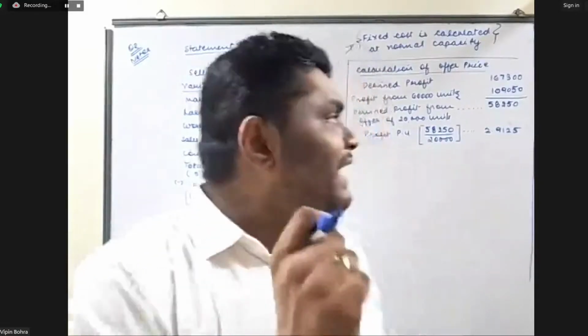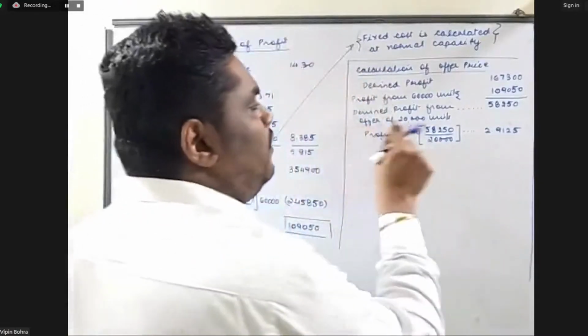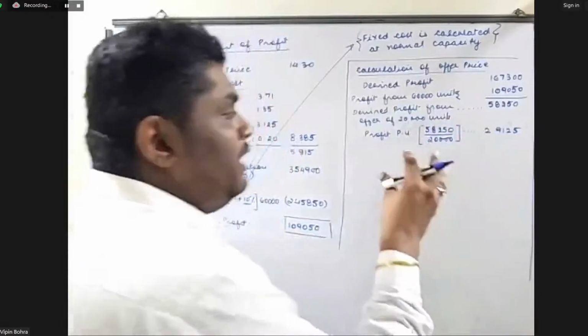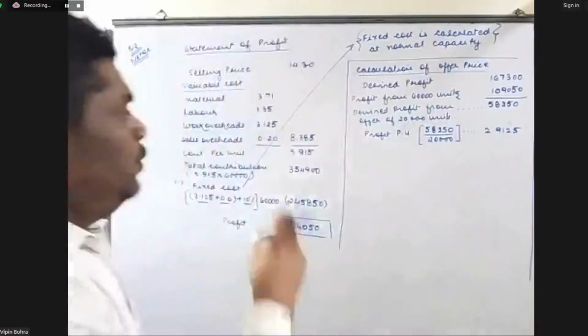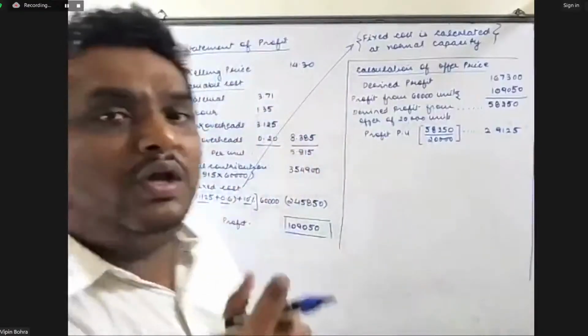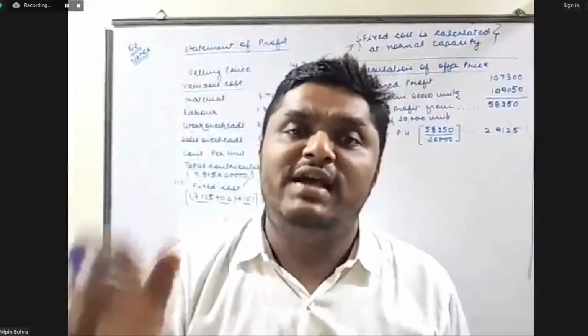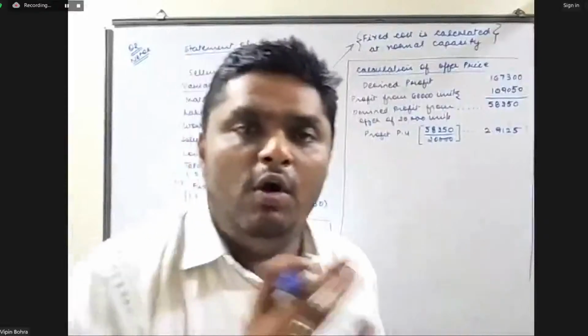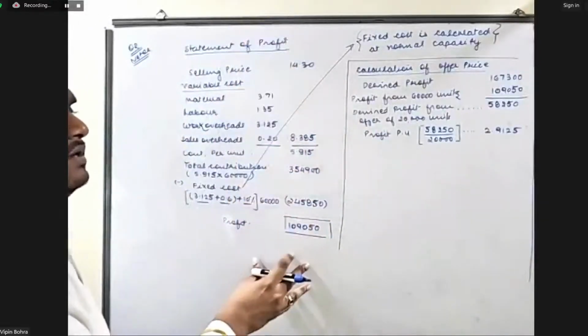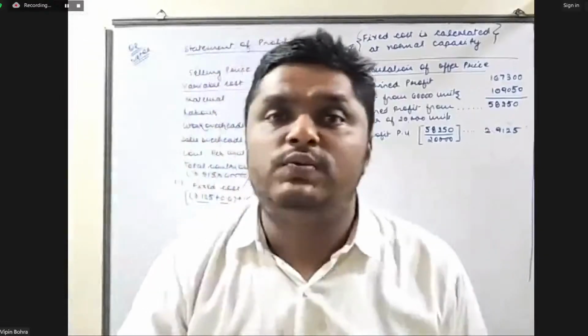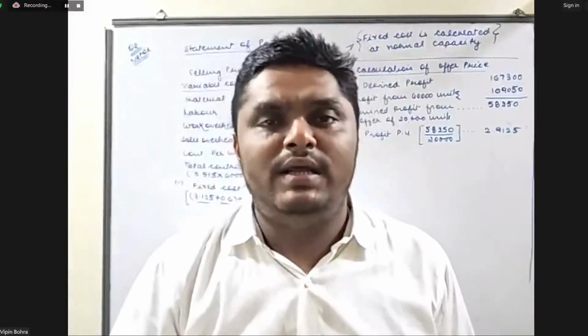Now, guys, this is my desired profit from the balance, that is the offer of 20,000 units. Now to manufacture these 20,000 units, what cost will be incurred? Very simple, only variable cost will be incurred, because fixed cost always remains fixed irrespective of production, and our fixed cost we have already considered in these 60,000 units, so no separate fixed cost will be incurred for the balance 20,000 units.